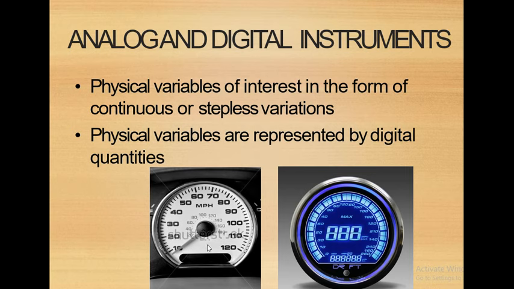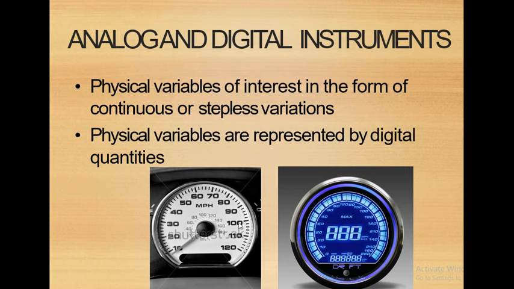Another important thing is that there may be an error inside this deflection type, or we can say analog type, of speedometer, but there will not be any error as the quantity is measured in digital form, represented in digital form, and processed in digital form.